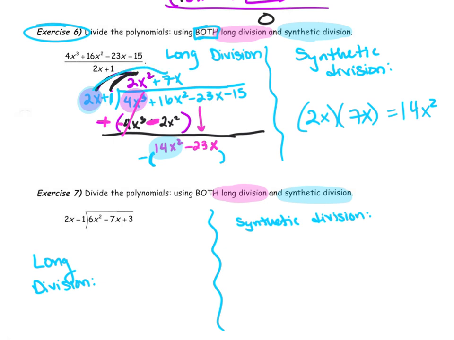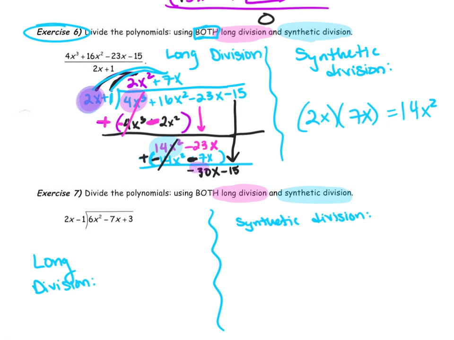So we have 7x times 2x is a positive 14x squared. 7x times 1 is positive 7x. And we distribute the negative. These terms go away. I have negative 30x. Bring down the negative 15. And let's keep going. We're almost there.